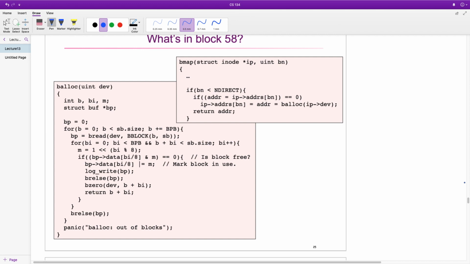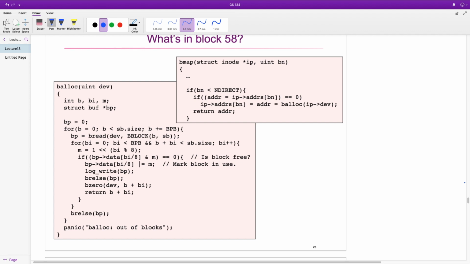Okay. And then for our allocation routine, we're basically just going to be reading the bitmap block and then going through byte by byte and figuring out where do we actually have a free one available. Right?